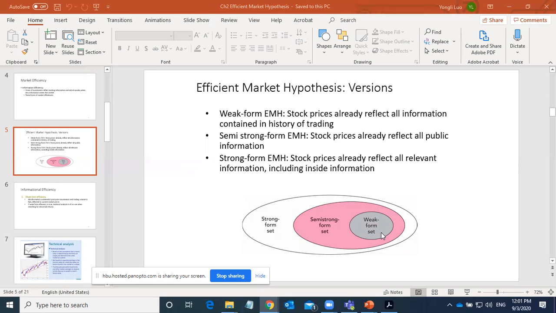If the company has earning projects, the stock price is already adjusted for it. Okay, that's the semi-strong form.